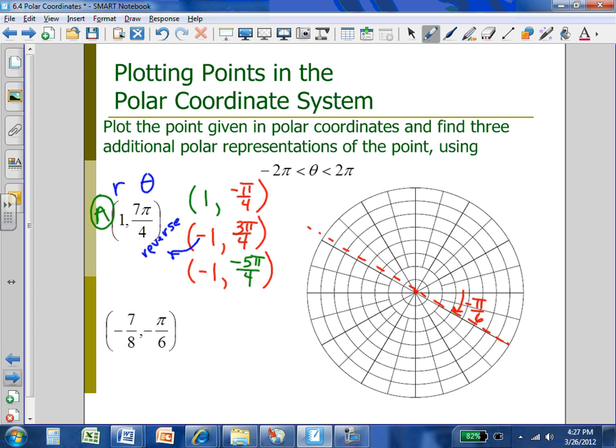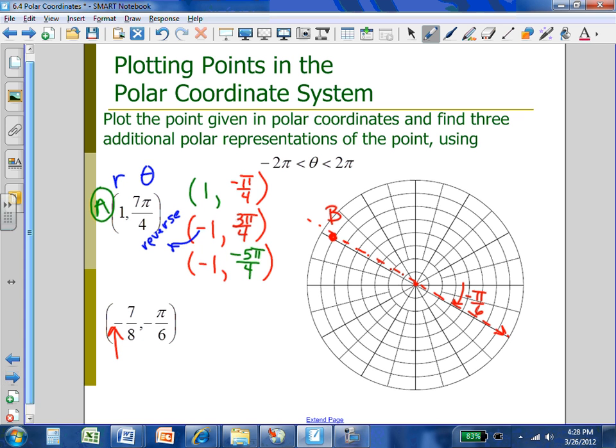So I would be facing this way, but I'm going to back up to 7/8, and each of these is 1/8. So I've got 1, 2, 3, 4, 5, 6, 7. So right there is my point B. So I went down to pi over 6 in that direction, and because this was negative, I backed up, I put it in reverse.